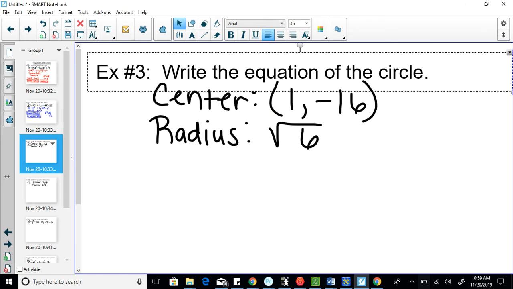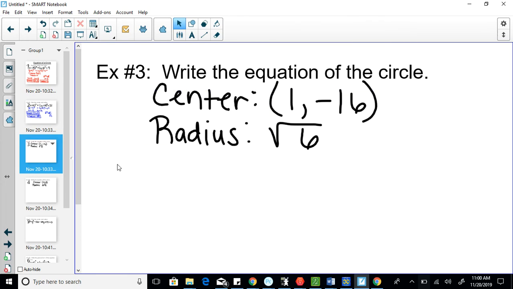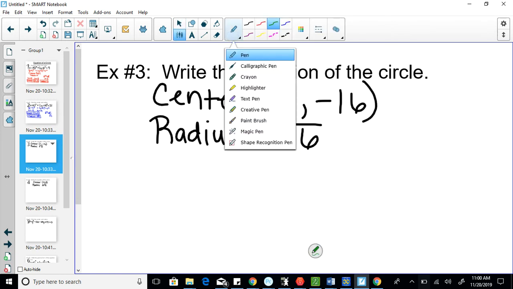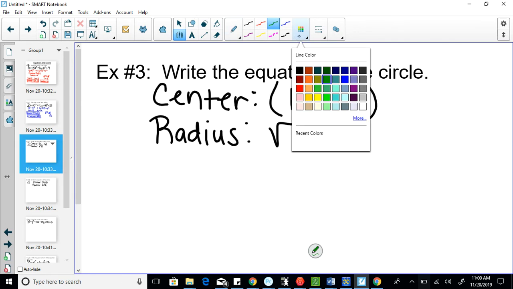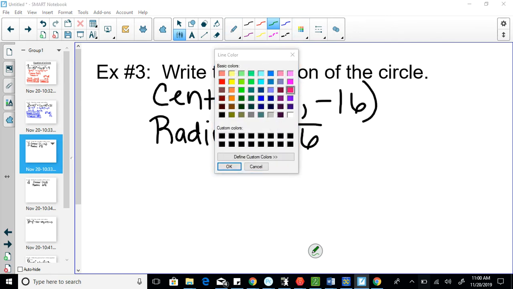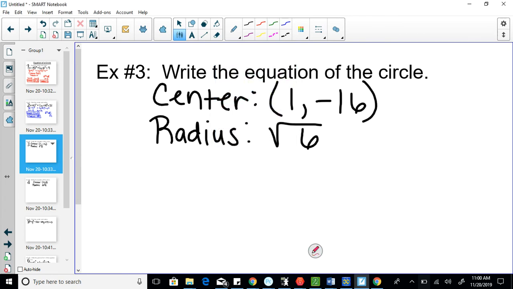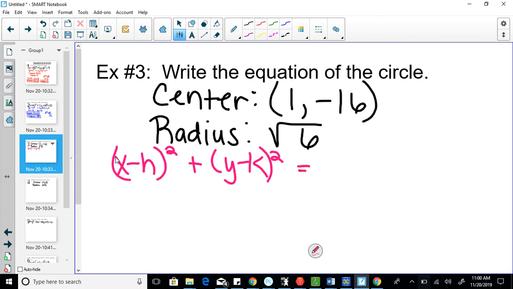Next problem, I'm actually going backwards. We're going to write the equation of a circle. They gave me my center and they gave me a radius. So you want to write your equation once again: (x − h)² + (y − k)² = r².